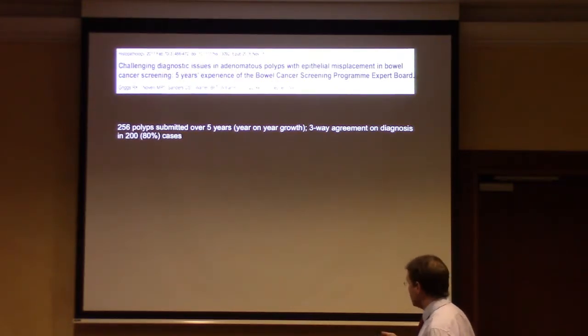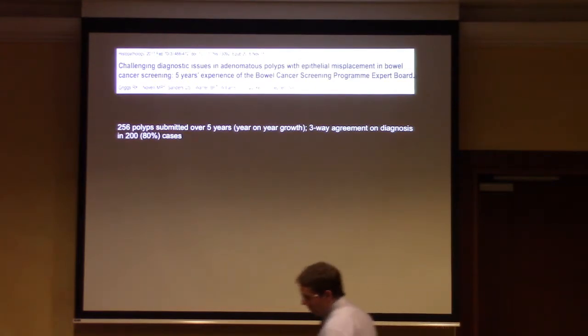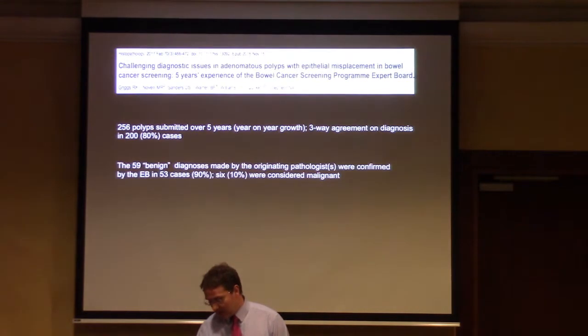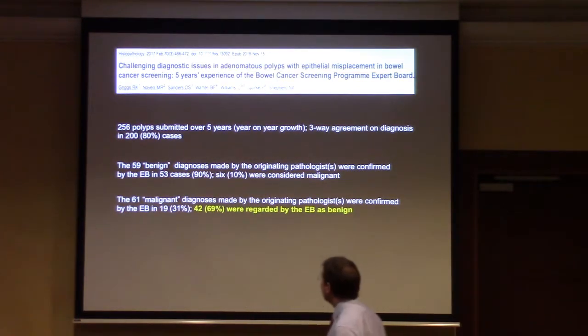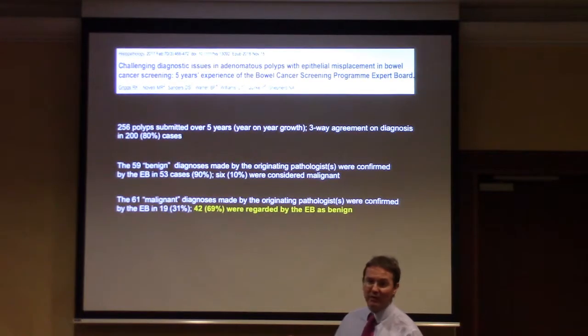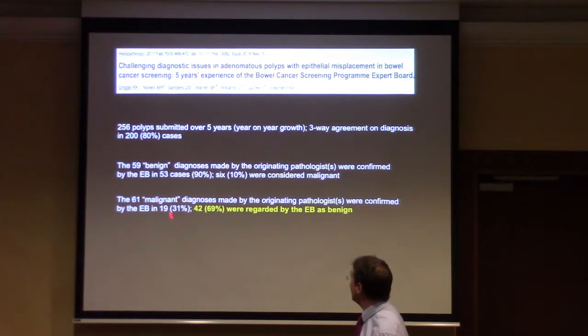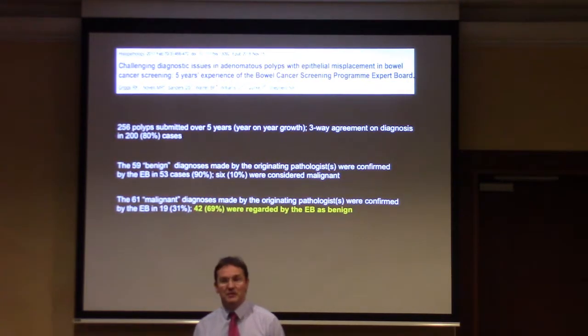If we restrict the analysis to those in which there was 3-way agreement in the diagnosis, and we look at these 200 cases, the 59 benign diagnoses made by the originating pathologists were confirmed in 90% of cases, and the 61 malignant diagnoses made by the original pathologists were confirmed in only 31%. So where there was agreement between the 3 experts, they overturned the malignant diagnosis in 70% of cases, which is pretty striking.